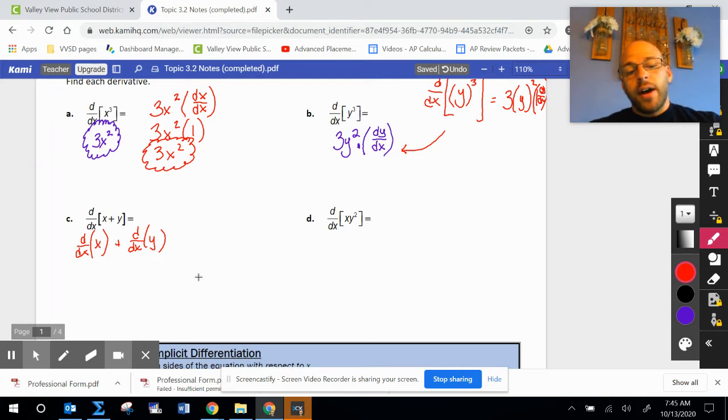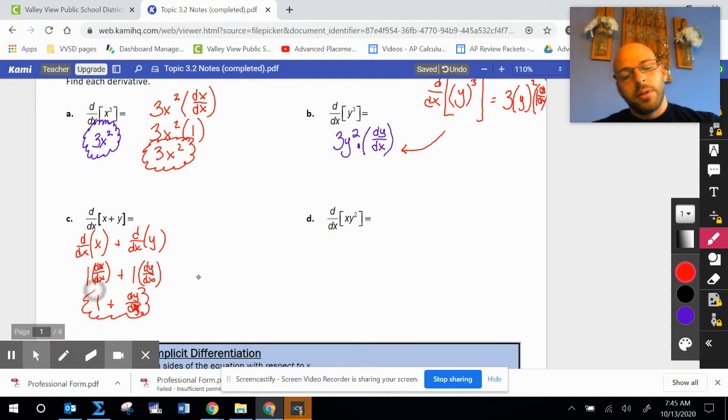So the derivative of x with respect to x is 1. If you wanted to, you could write dx over dx. Plus the derivative of y is also 1, but we would get a dy over dx, and we can't really simplify that. So dx over dx is just 1, so I get 1 plus, and I would write this as dy over dx.